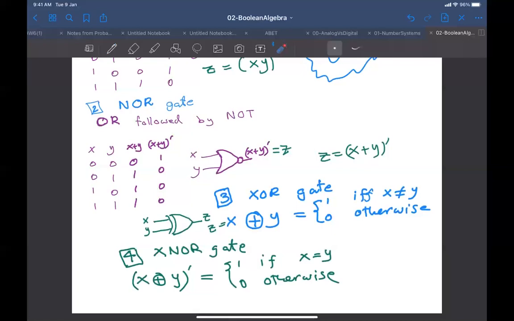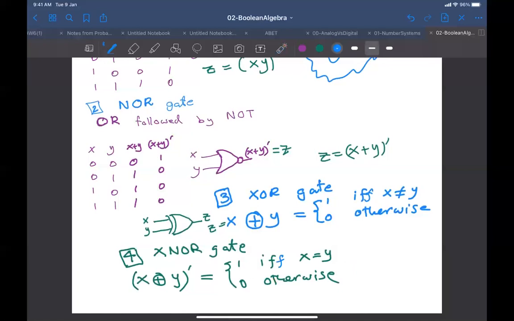So it is 1 when X is equal to Y and 0 otherwise. This is if and only if. For this reason, we call the XNOR gate the equivalence gate.